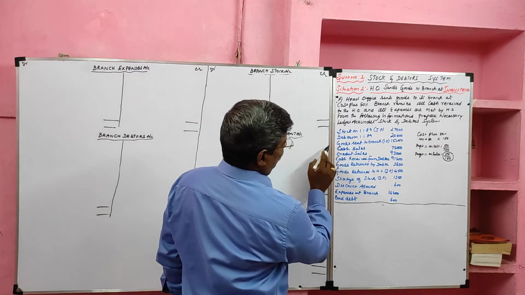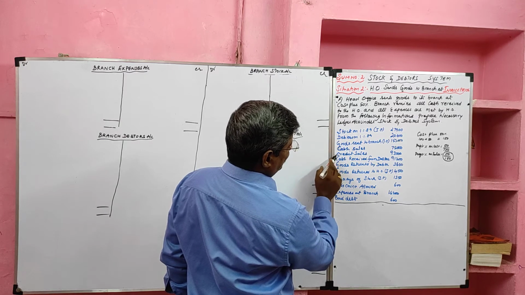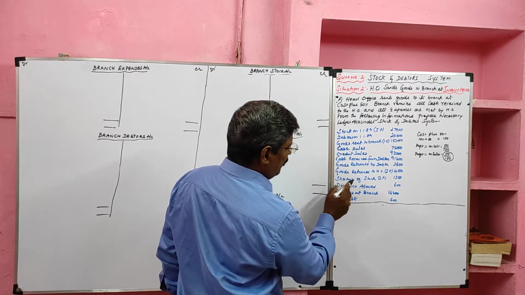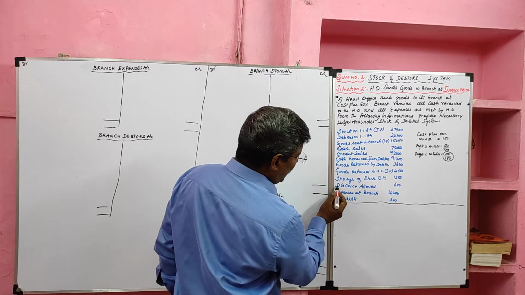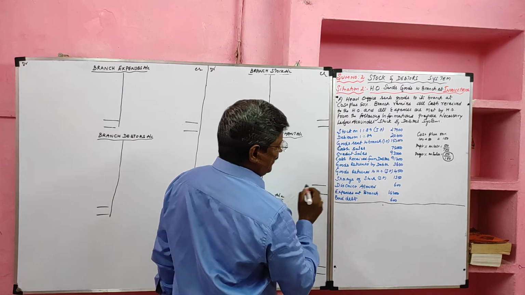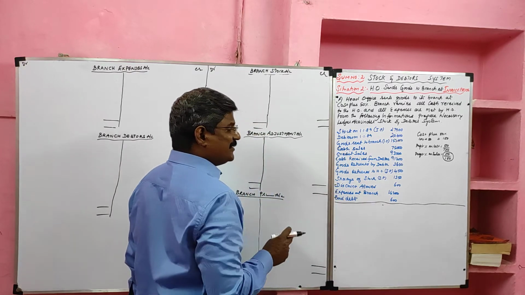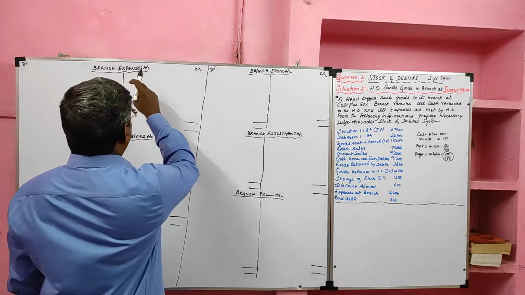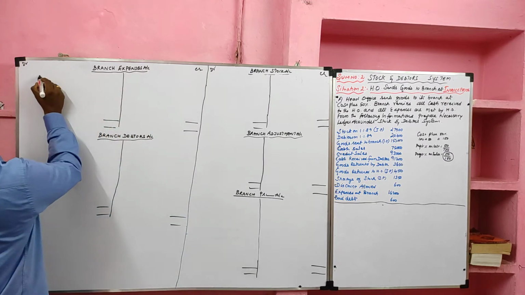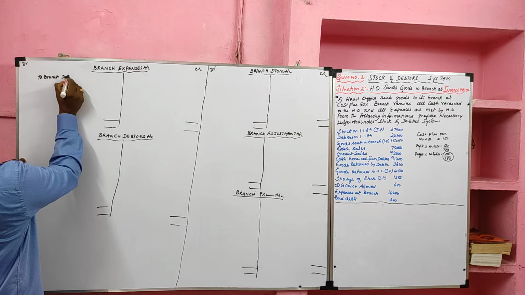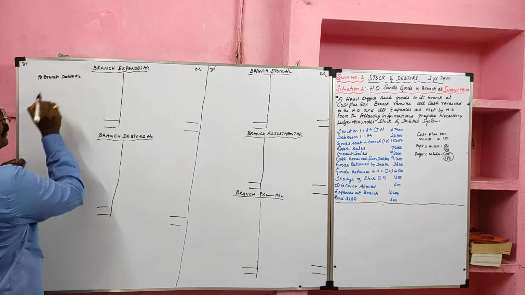Stock will not come, debtor will not come, goods sent to branch will not come, cash sales, credit sales, cash received, goods returned by debtor, goods returned to head office, shortage will not come. Discount allowed, expenses, and bad debts will come. The discount allowed and bad debts are related to the debtor. So in branch expenses, on the debit side, we should write to branch debtor account.